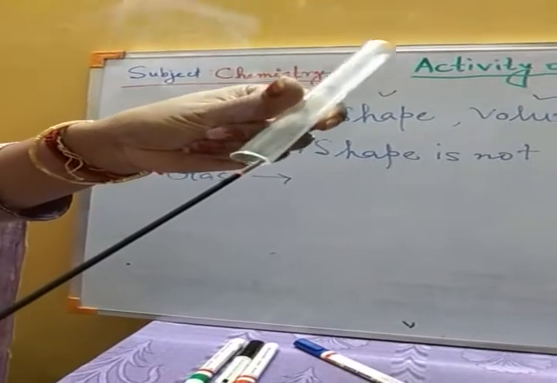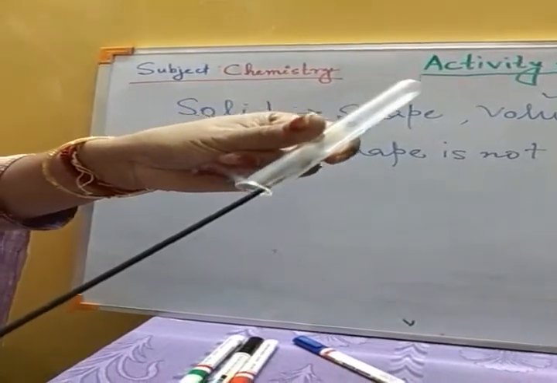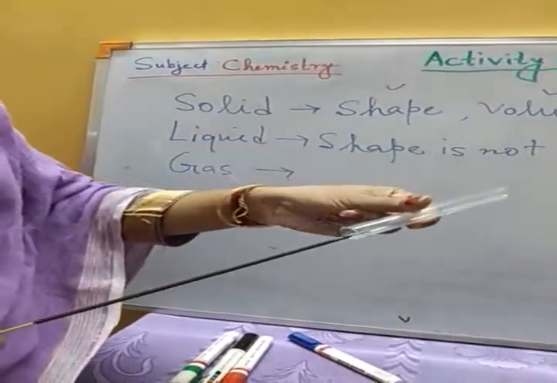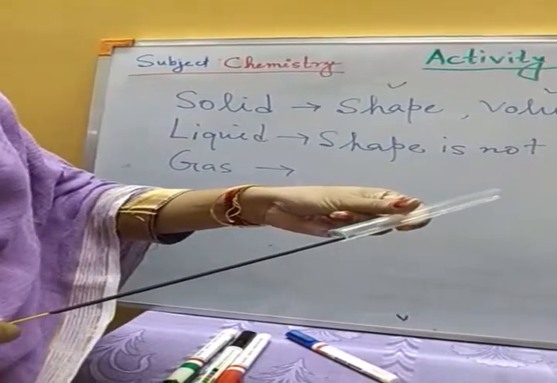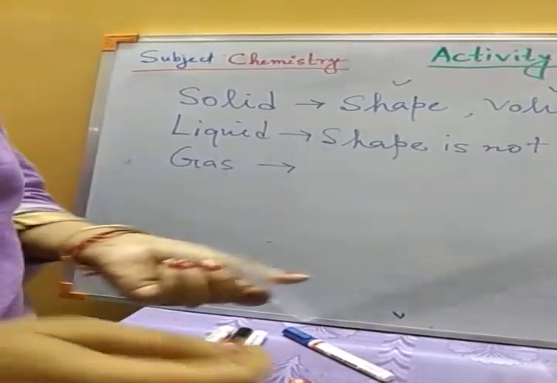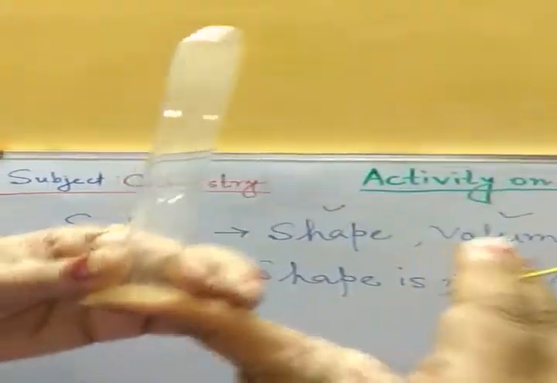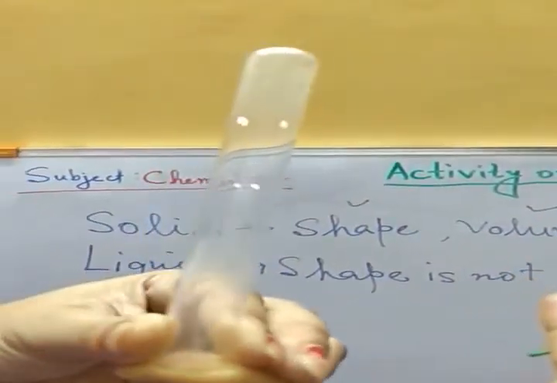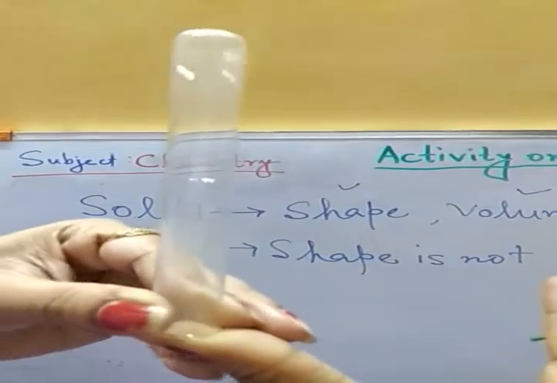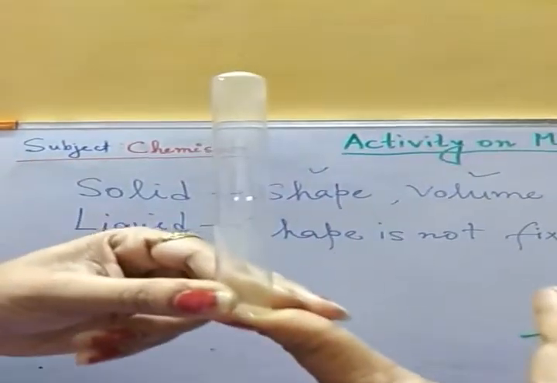Now here we have some fume inside this. With my thumb I will keep the fumes inside the test tube. Can you see the haziness inside the test tube?